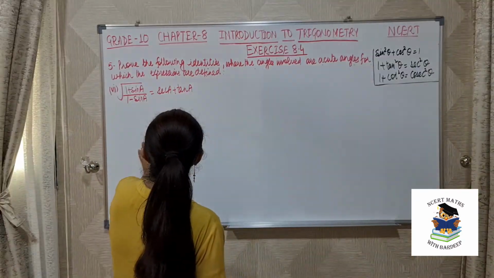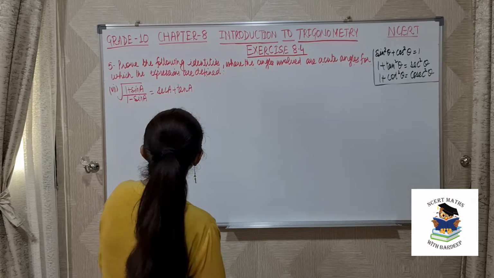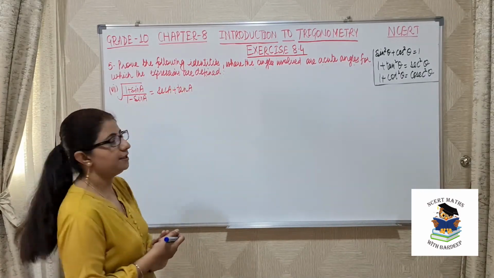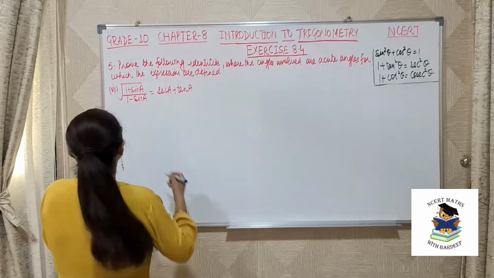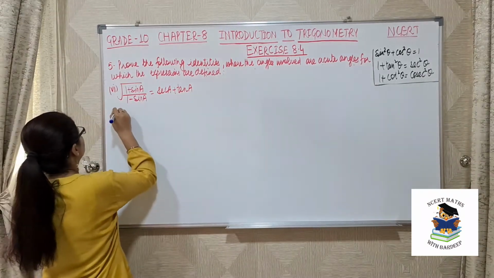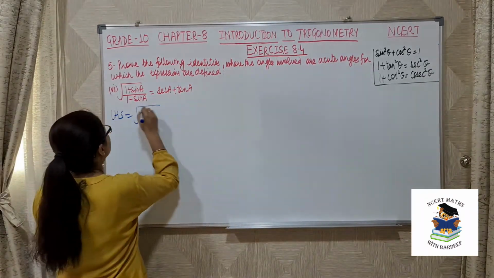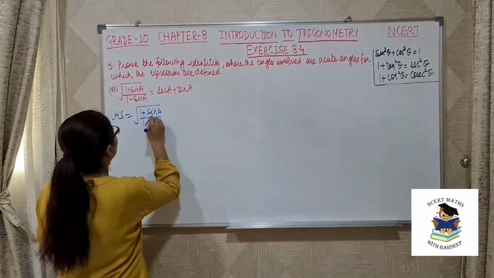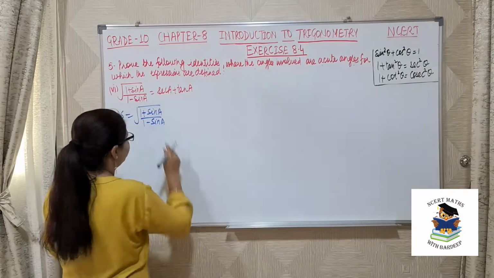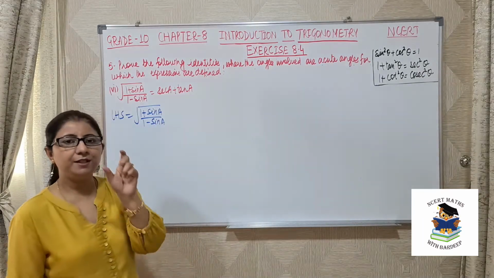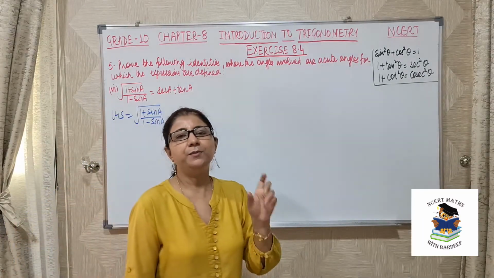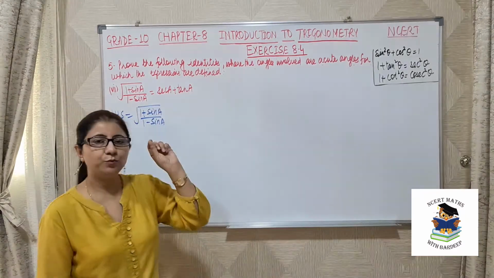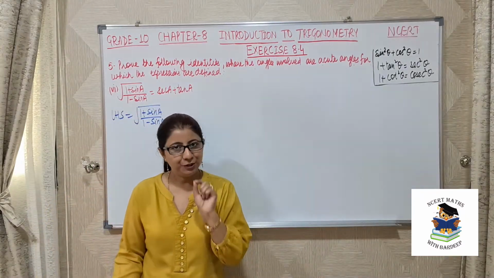So the sixth part is square root of 1 plus sine a over 1 minus sine a, to be proved as secant a plus tan a. So let's start our question. Left hand side is square root of 1 plus sine a over 1 minus sine a. Again, whenever you see any square root symbol in your expression, what we will do is we will rationalize the denominator.